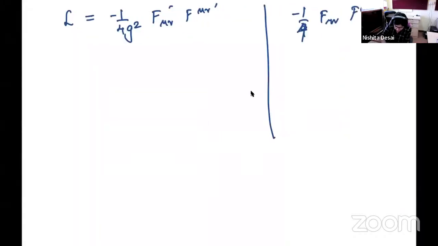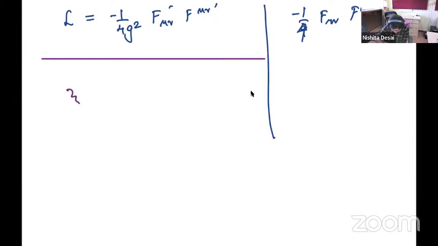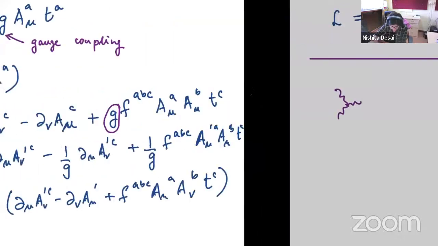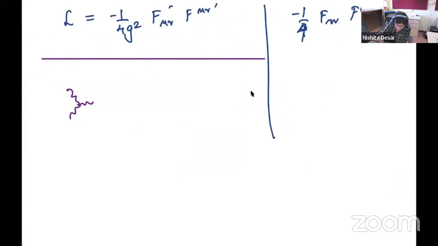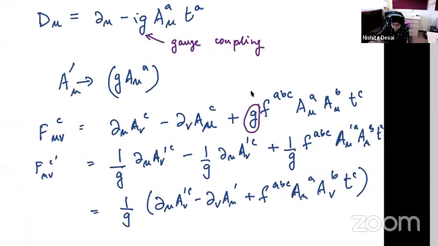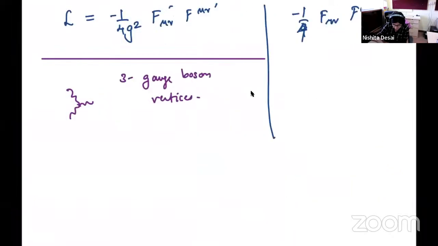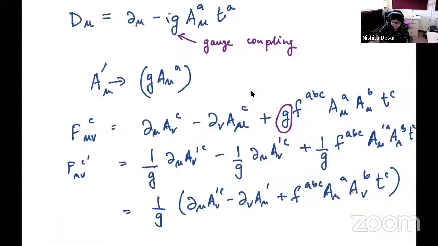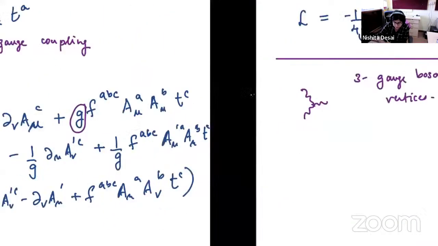So the reason I was talking so much about this g is that I told you these extra terms here result in terms like this, right? So you have three gauge boson vertices. And what that will mean is that the interaction between these three will depend exactly on this coefficient g.